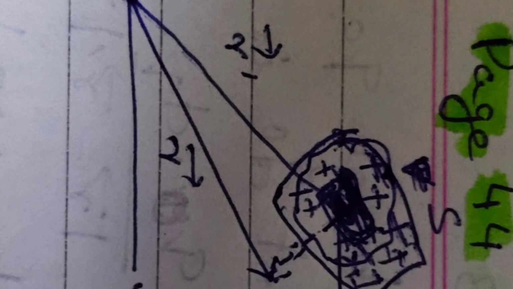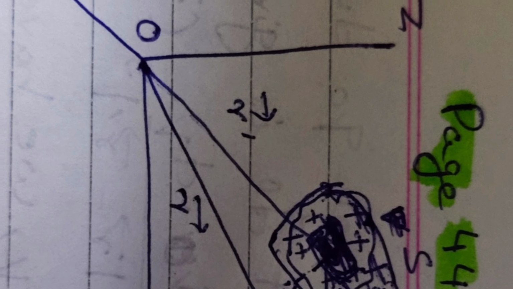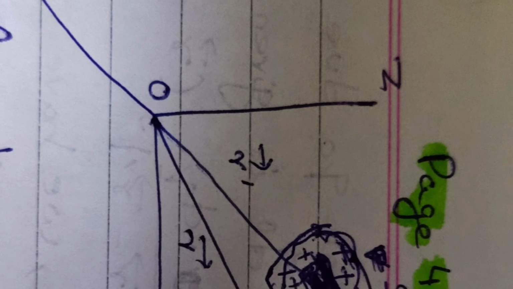Now number 2, when charge is distributed continuously over a surface. Here is a picture. There is a surface S having a uniform continuous distribution of charge along its surface.